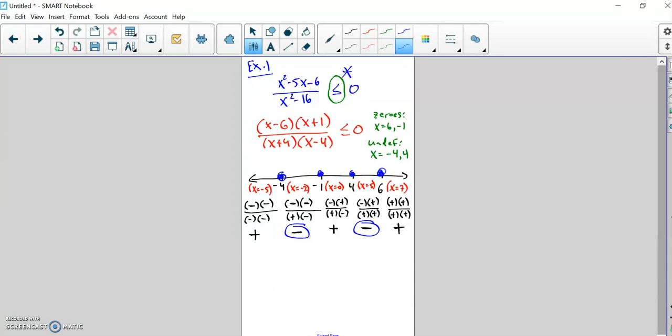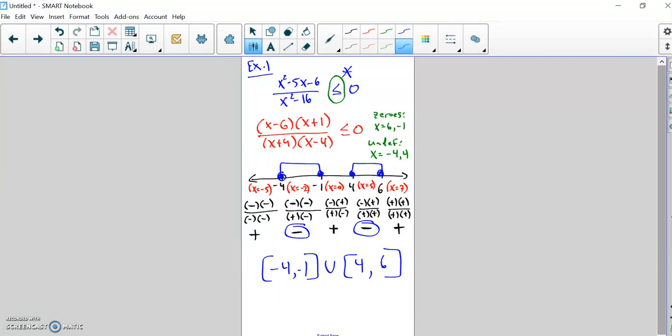If we describe these two intervals right here in interval notation, what we're going to have is negative 4 to negative 1, both with brackets because we're including, union, bracket 4 to 6, bracket.